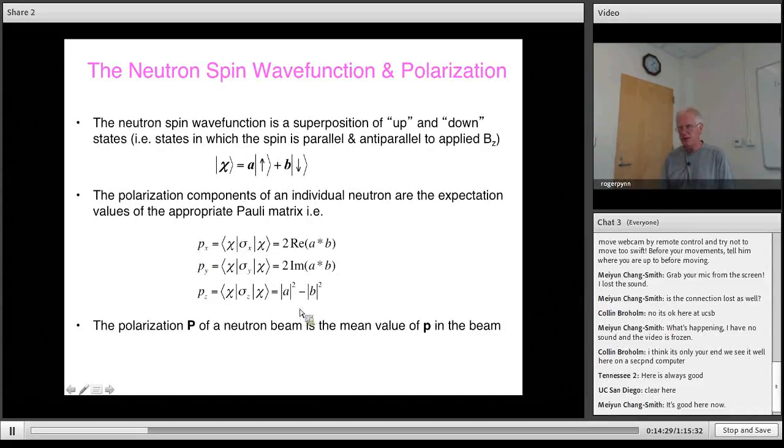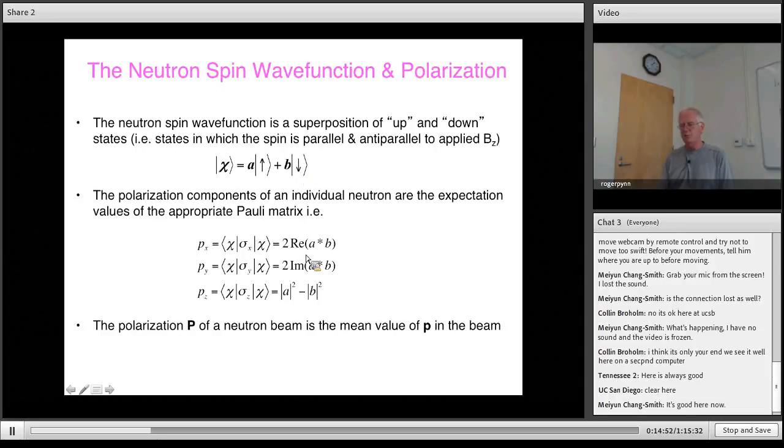And you can see that the polarization along the z direction is just this quantity a squared minus b squared. You know from your quantum mechanics that a squared is just the probability of measuring this state when you make a measurement. And b squared is the probability of measuring this state when you make a measurement.